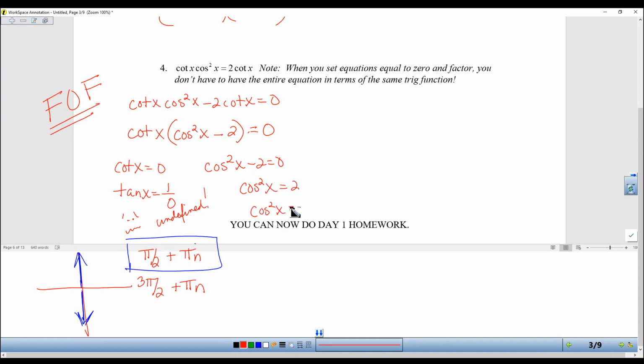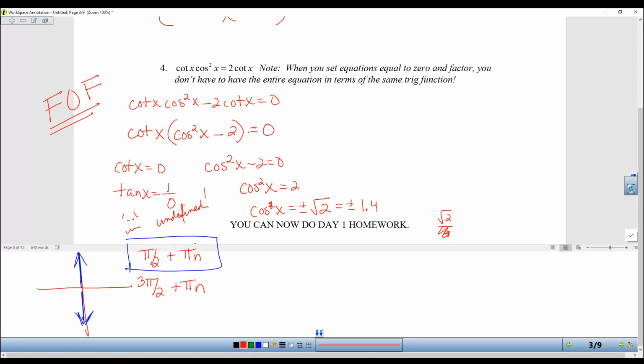Cosine squared x is equal to 2, so cosine of x is equal to plus or minus the square root of 2. And this is not on your chart. The square root of 2 over 2 is on the chart, but not just the square root of 2. And actually, if you change that to a number, it's plus or minus 1.4.